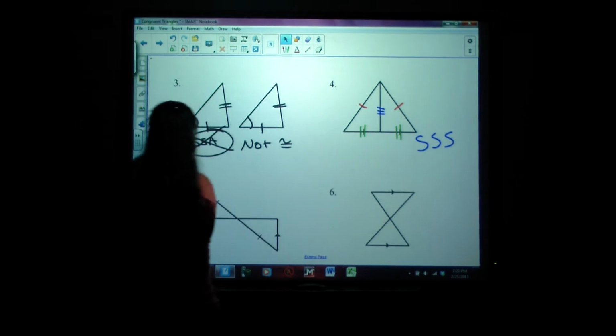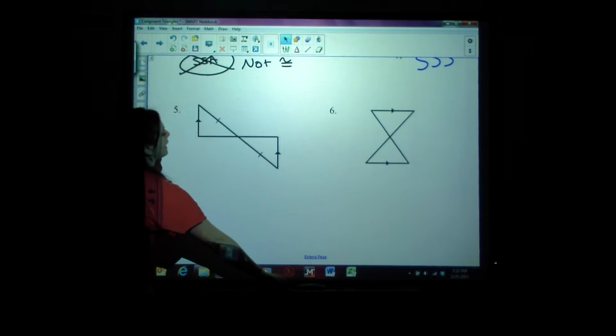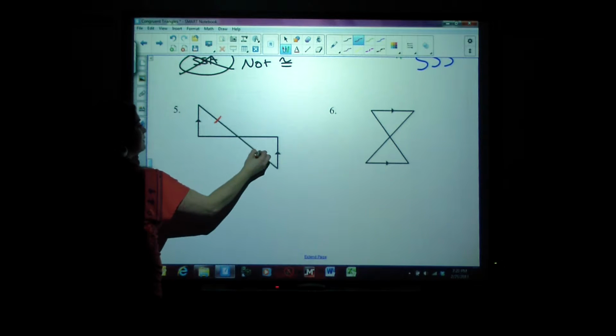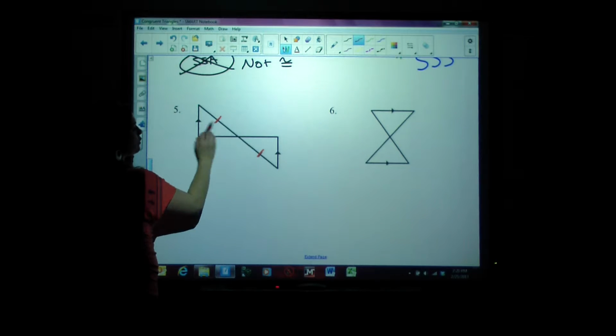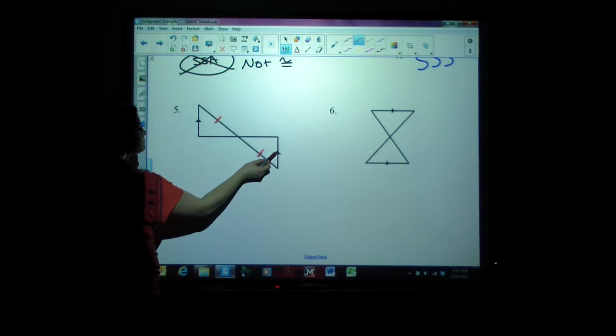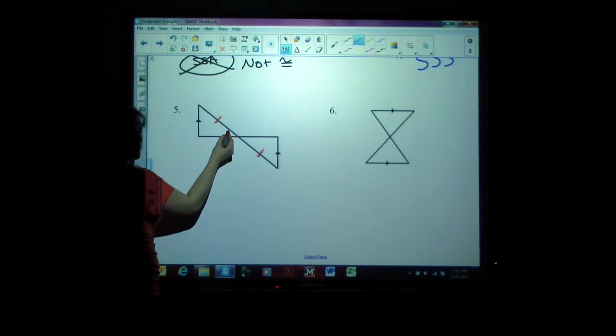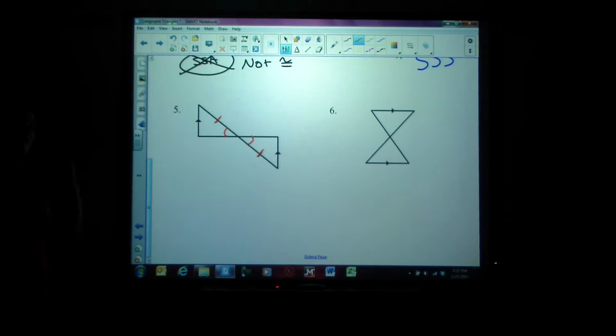Okay, number 5. Let's see what we got here. I have one side, but I also have this whole parallel idea. And if you remember from our studies with lines and angle relationships, the angles I just marked are called vertical angles. And vertical angles are always congruent.